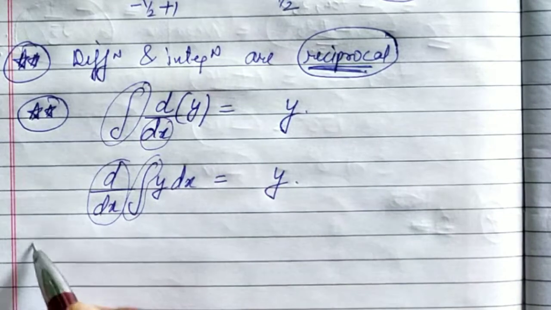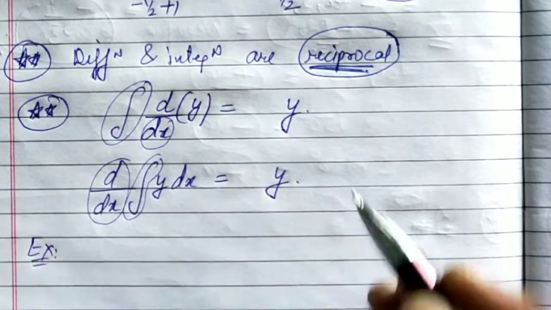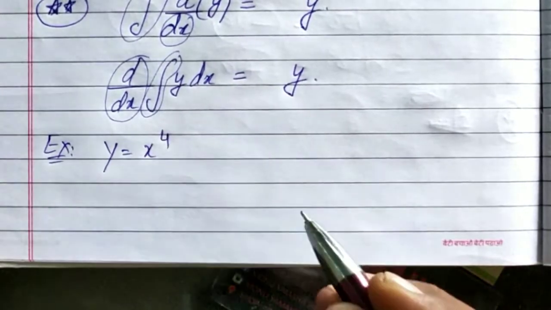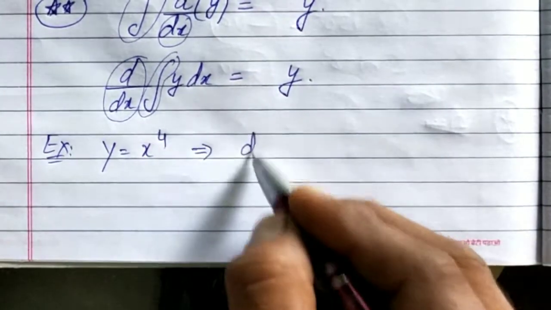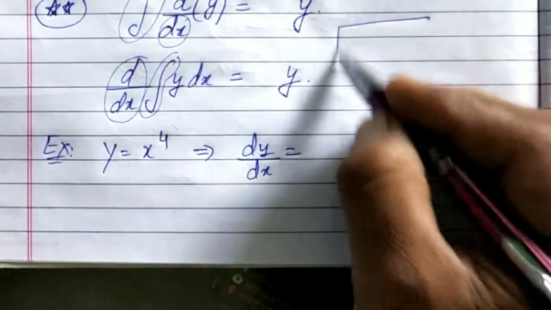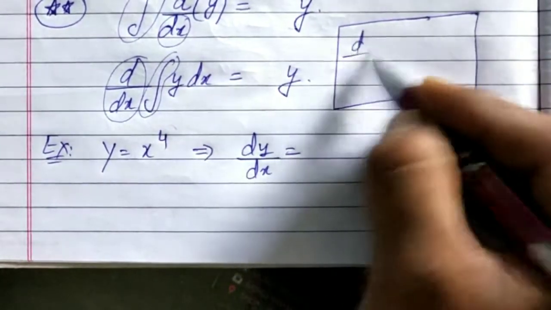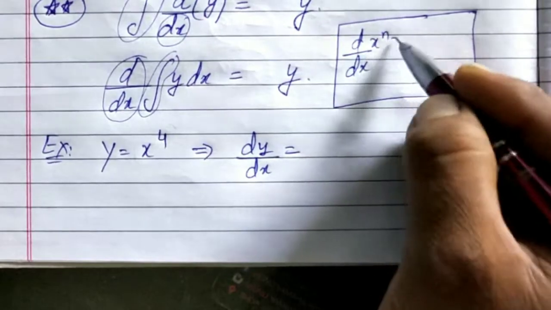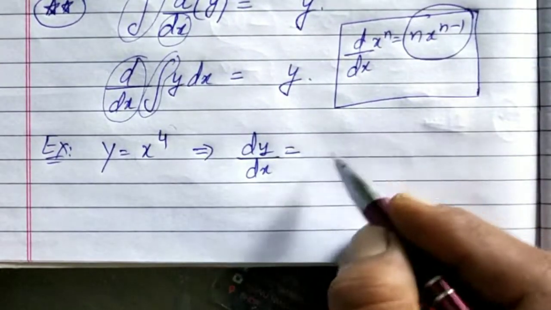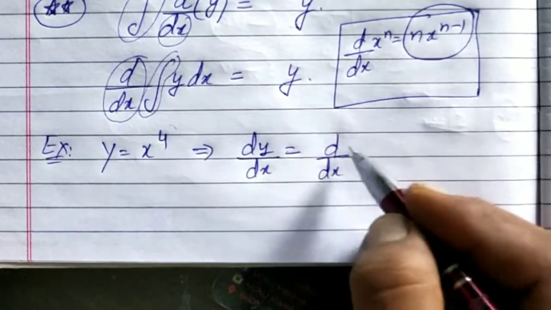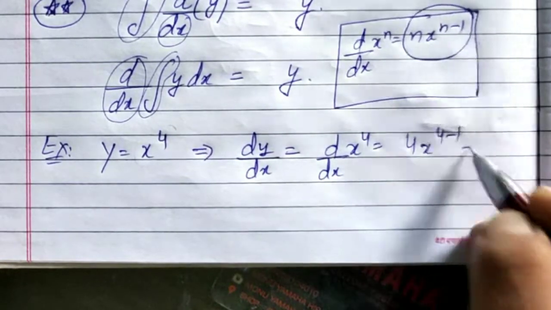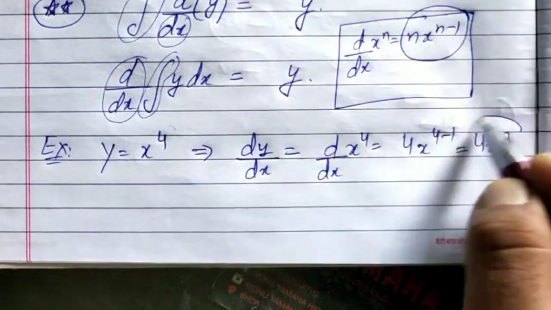You can see it by an example. Let's say y is equal to x to the power 4. First, I will differentiate it. The differentiation of x to the power n is: take the power outside and reduce the power of x by 1. So differentiation of x to the power 4 will be 4 into x to the power 4 minus 1, that is 4 into x cube.